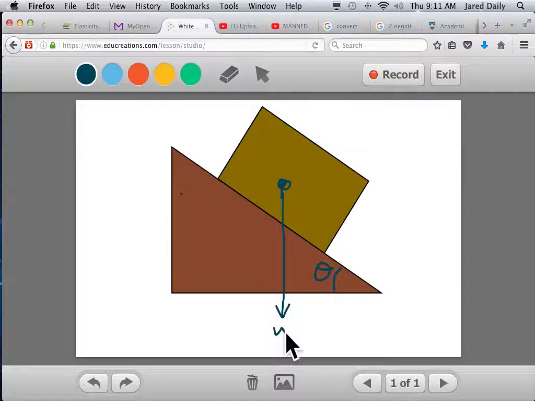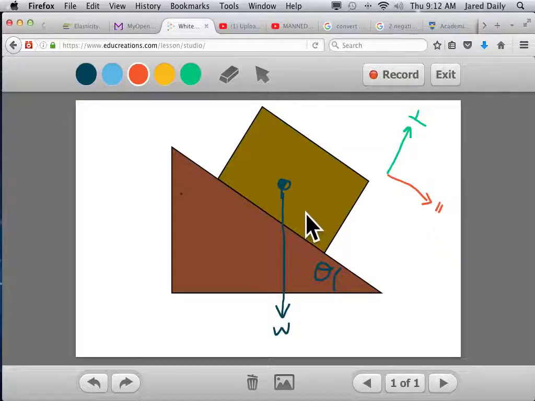That's our weight. Right? And then we're going to show our axes. We're going to change our axes so that we have an axis that is perpendicular to our surface, and we're going to have an axis that is parallel to our surface.